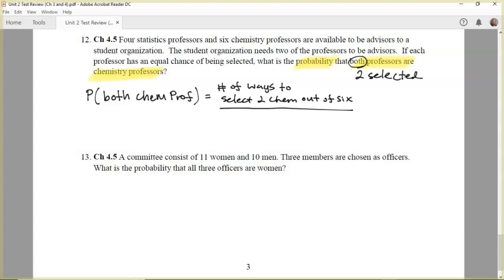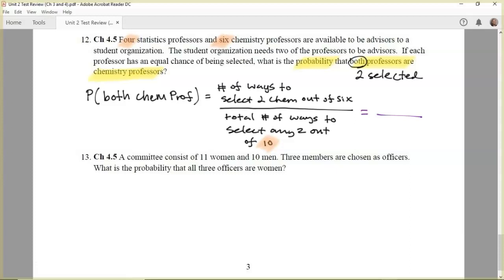And the denominator, well, that's the sample space. That's all of the ways you can select any 2 professors, statistics or chemistry, out of 10, because there are 10 professors total. So for the denominator, it's our sample space, the total number of ways to select any 2 out of 10. This is definitely a combination problem, because we don't care about the order in which we choose them.